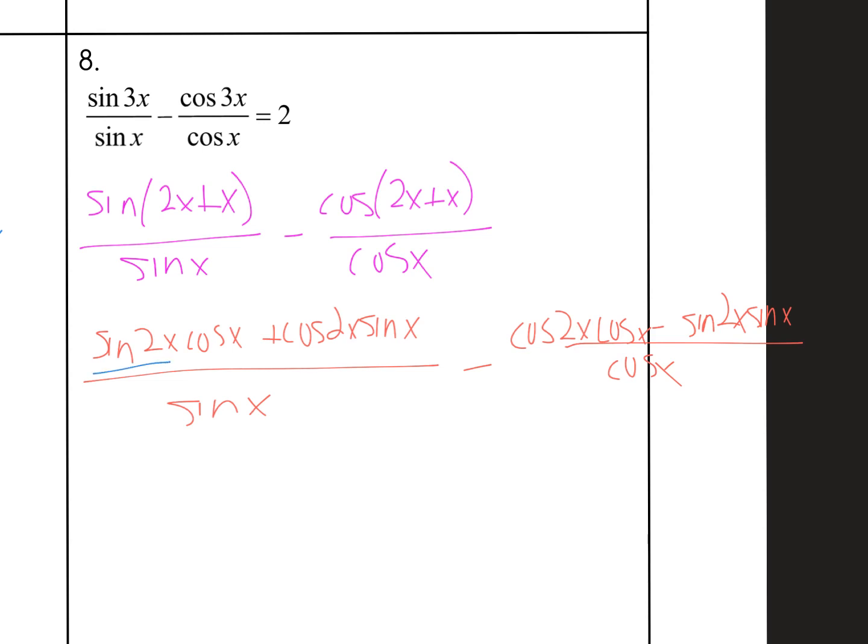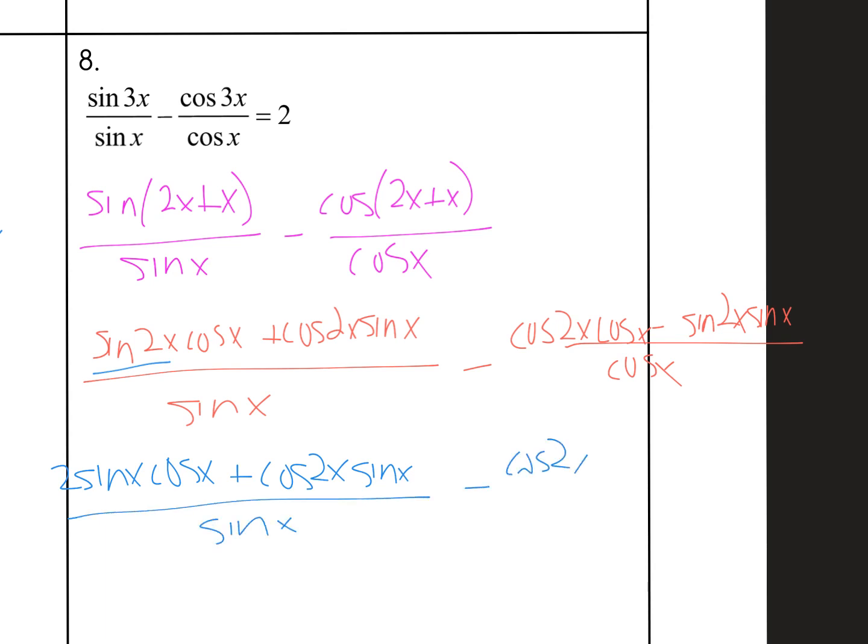So I'm going to rewrite this as 2 sine x cosine x plus cosine 2x sine x over sine x. You can do the same thing over here, cosine 2x cosine x minus 2 sine x cosine x sine x all over cosine x.